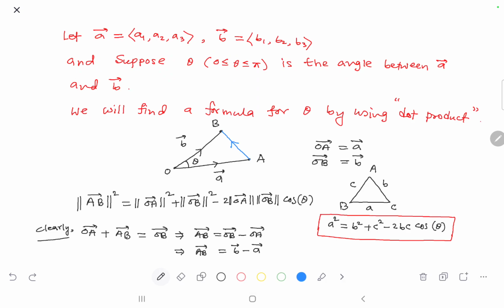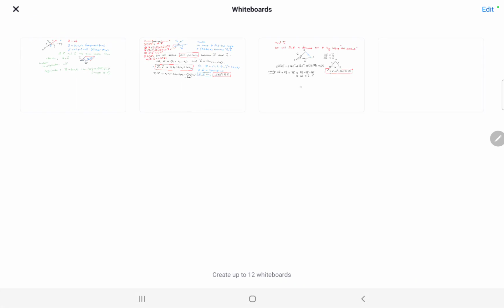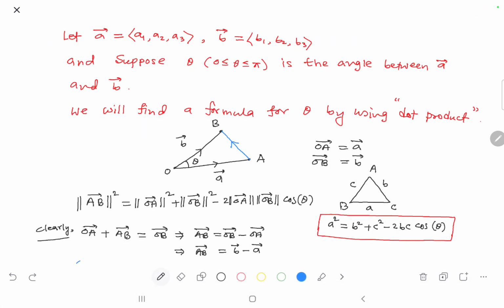Let me go to the next page. So AB vector we know now is B minus A. So we have B vector minus A vector. So AB vector, that modulus square. Now what do we have here?